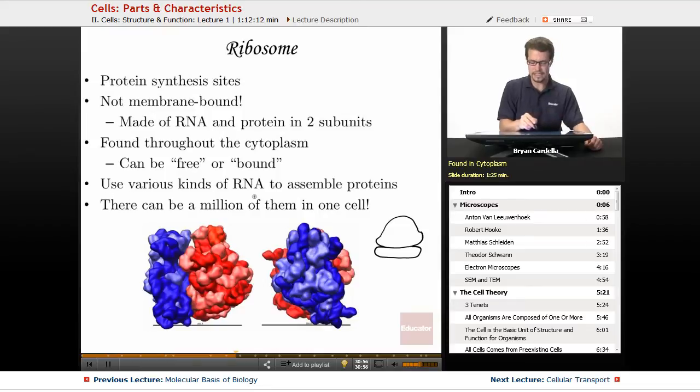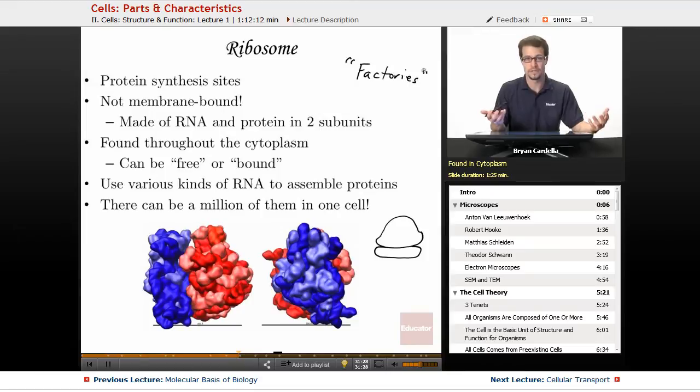They use various kinds of RNA to assemble proteins. I mentioned those a moment ago. mRNA, tRNA. Inside of it, there's ribosomal RNA, also known as rRNA. And amazingly, there can be 1 million of them in one cell, which is really hard to picture, but these are little factories that are making a very important product for the cell. So to maintain that little city analogy, these are factories.